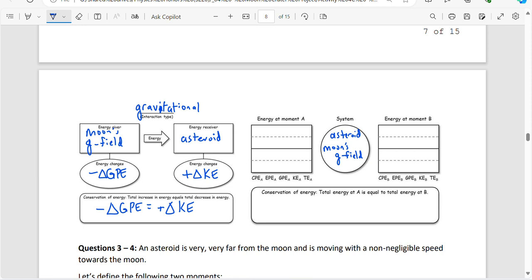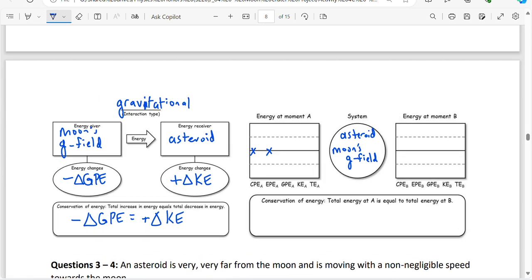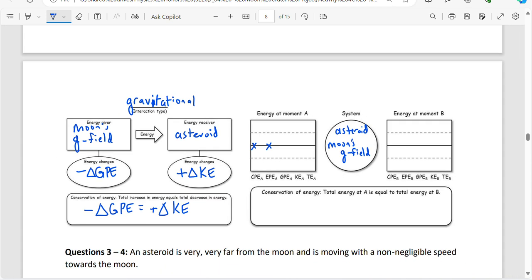So energy at moment A. We have no chemical energy. And we're going to put 0 in the middle now because we can have negative and positive values. So no chemical energy, no elastic thing is stretched or compressed. We are infinitely far away, and our 0 reference level is set to be infinitely far away.